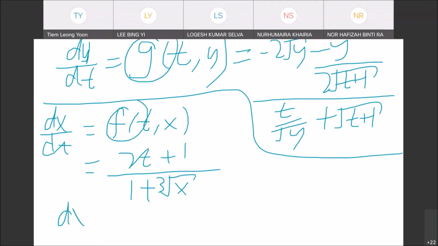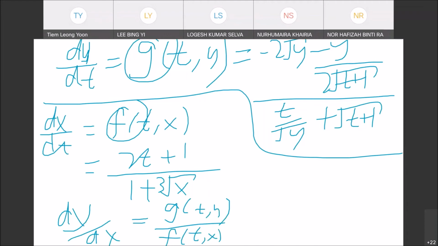Then dy/dx is then equals to the derivative g in terms of t and y divided by the function f of t and x. Okay, so that is the expression which I have arrived at.